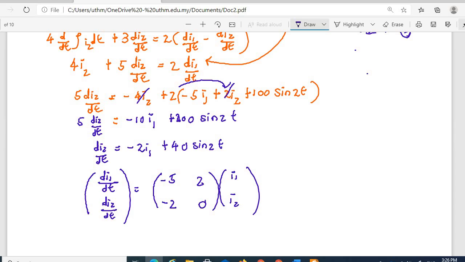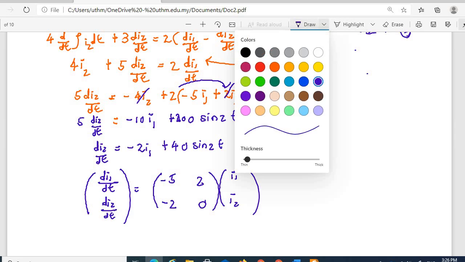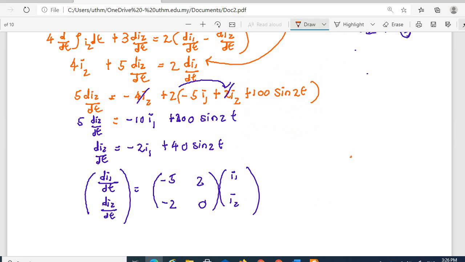When you expand back, when you take the first row times this, you have negative 5. You must keep familiar with your matrix multiplication. When you multiply the matrix, you have negative 5 times I1 plus 2 times I2. For the second row times the first column, you get negative 2 I1, 0 I2.